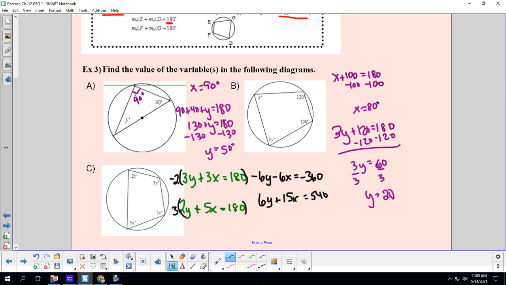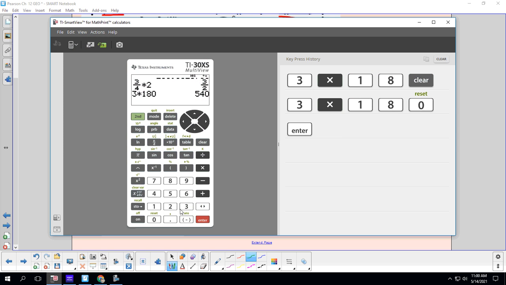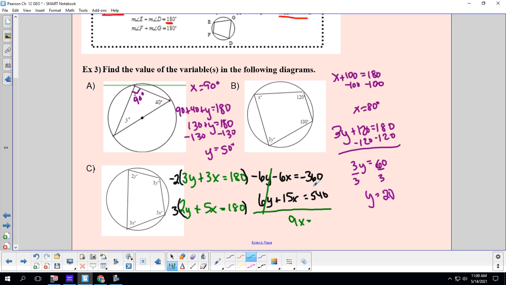All right, so now what we're going to do is we are going to add our columns together. -6y plus 6y is 0, so the y's cancel. Negative 6x plus 15x is 9x, and negative 360 plus 540 is 180.